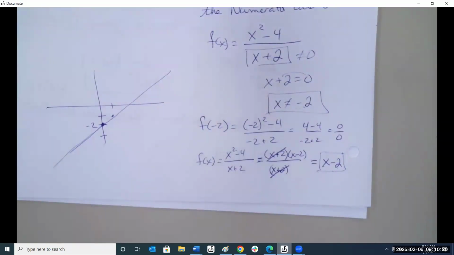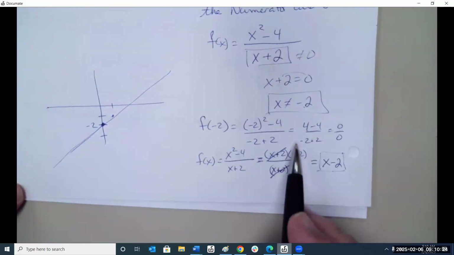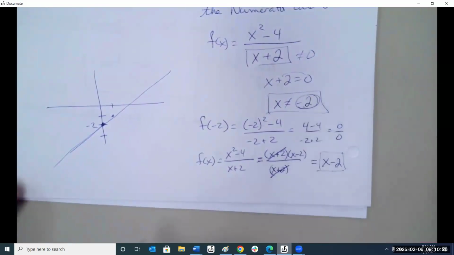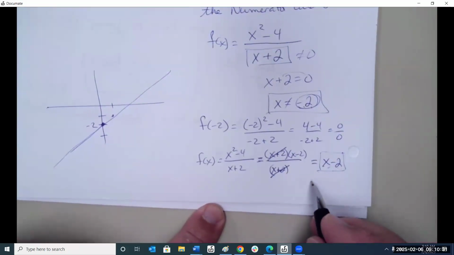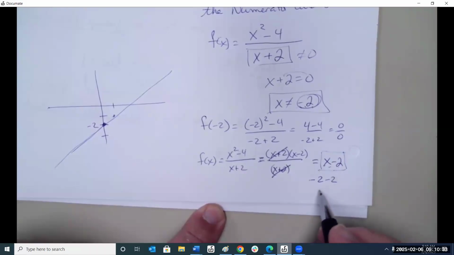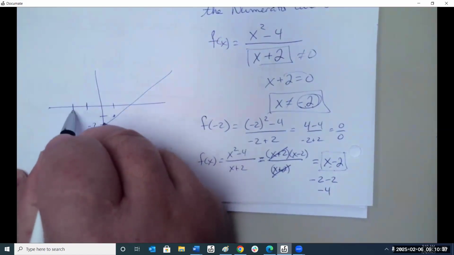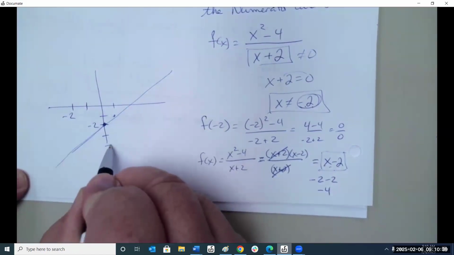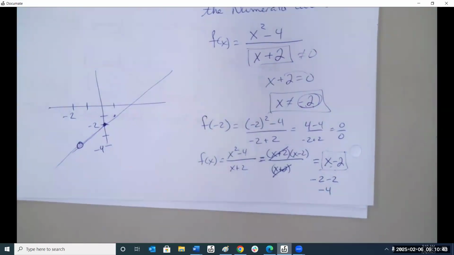Except, remember, we had a discontinuity at -2. So take this value, plug it in there. When x is -2, y is negative. So at -2, we have a hole at -4.